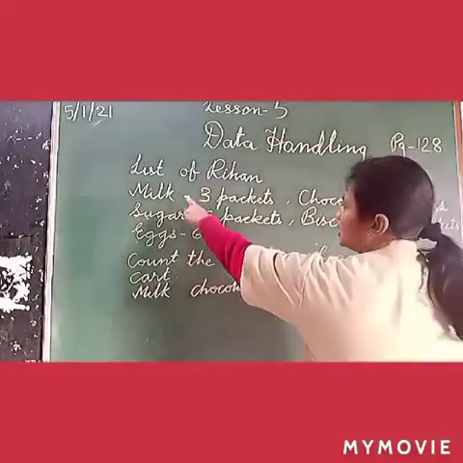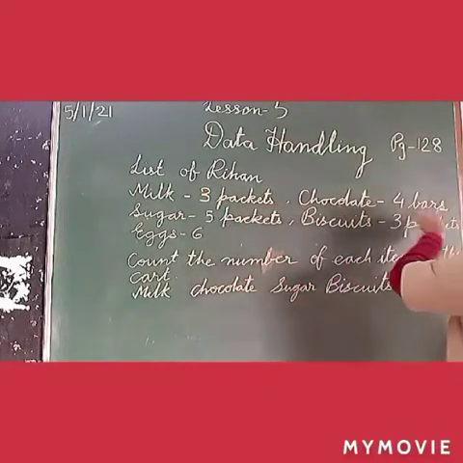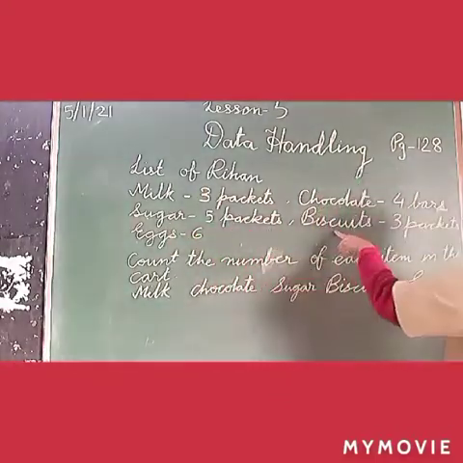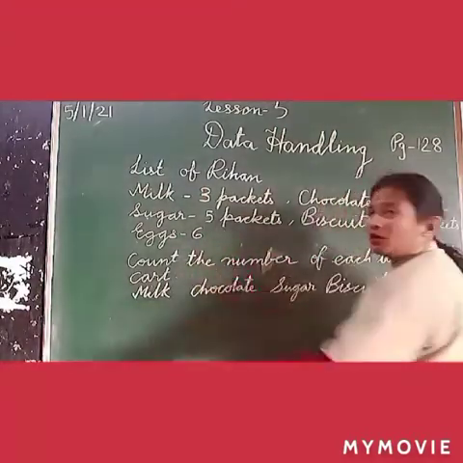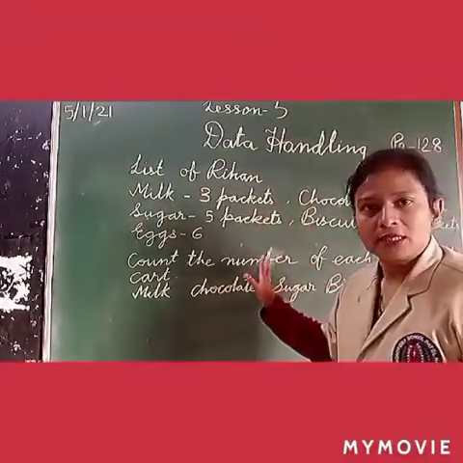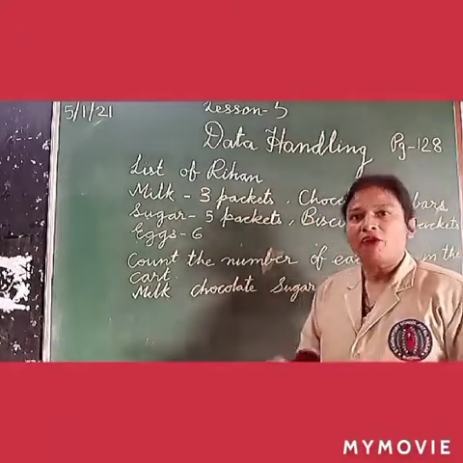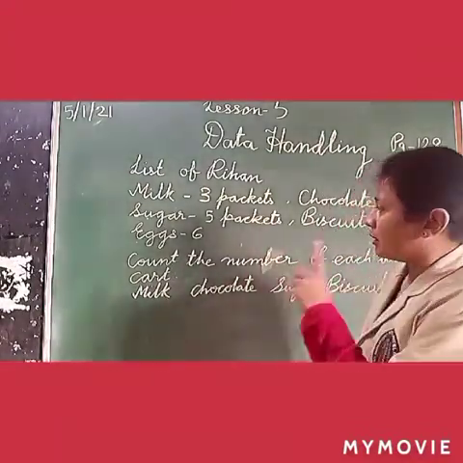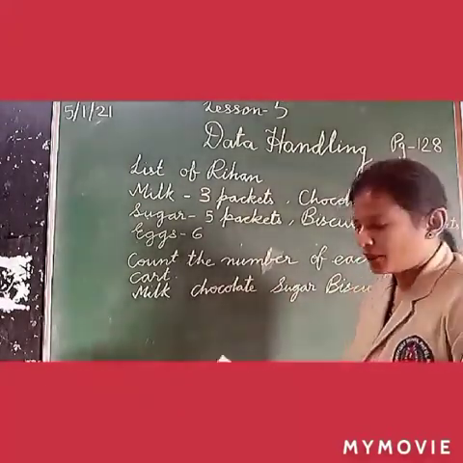The list is written here: milk 3 packets, chocolate 4 bars, sugar 5 packets, biscuit 3 packets, eggs, number of eggs are 6. This is the list, but we will now check in the cart of Rehan whether he has kept all the things according to the list.